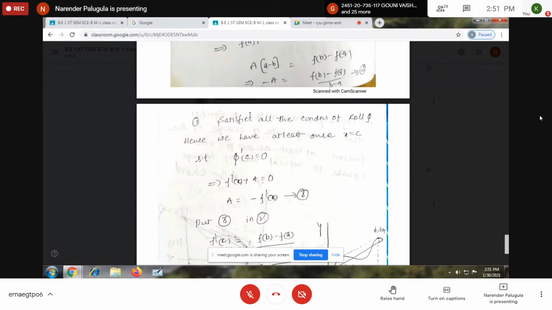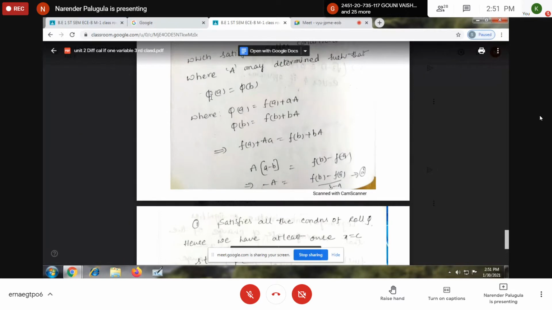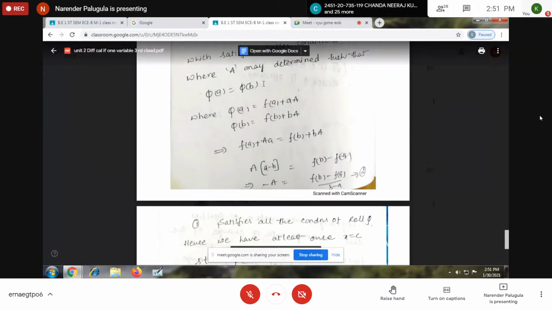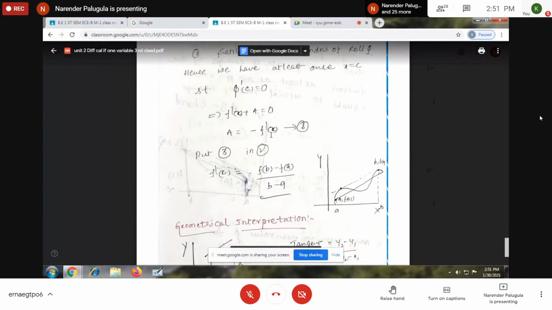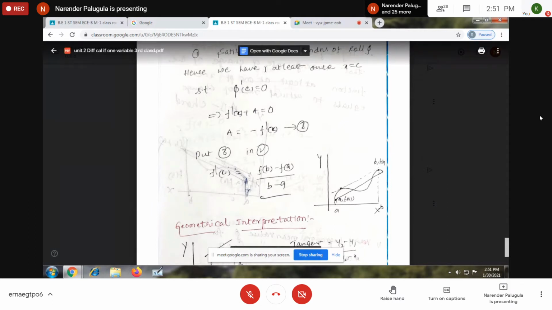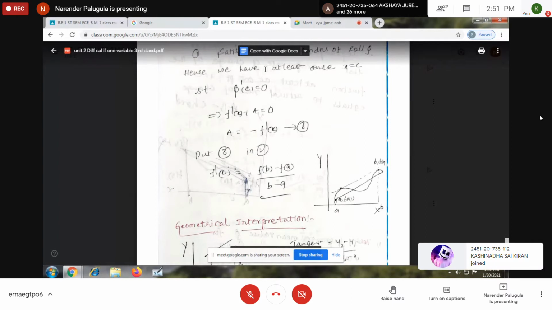And also we defined A such that phi of a is equal to phi of b. So phi satisfies the equality condition of Rolle's theorem also. Finally, the function phi satisfies all the conditions of Rolle's theorem. Hence, according to the conclusion of Rolle's theorem, we have at least one point c in (a, b) such that phi dash c is equal to 0. That is f dash c plus A is equal to 0.